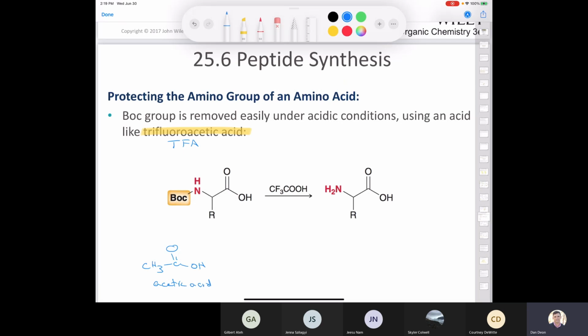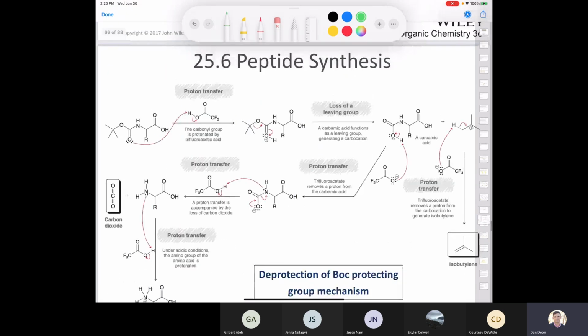If we replace the three hydrogens with three fluorines, CF3, like this, this is TFA, trifluoroacetic acid. So it's a much stronger acid than acetic acid based off of what? Atom, no. Resonance, no. Induction, yes. It's all those electron withdrawing fluorines that make this a really strong acid. So with TFA, you can remove the Boc very easily.